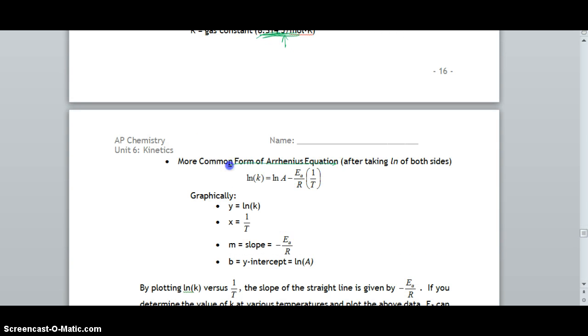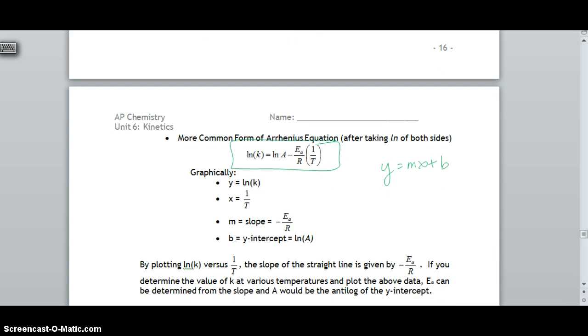This is the more common form that you see, and again, you notice, hopefully, that it's in y equals mx plus b form. And so typically this will be given to you graphically. So they may give you a graph and tell you what the slope is, and you may be wondering, well, why have they given me a slope? Well, they've given you a slope because what can you find from it? You can find the activation energy because R is just a constant.